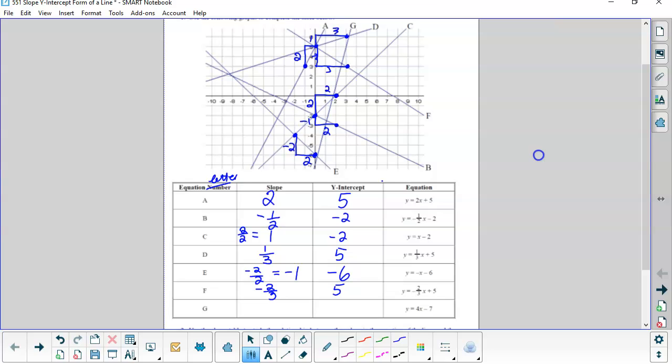So notice how we show that form. You could show, for example here, y equals negative 2x over 3 plus 5. It's just we tend to show that fraction, that slope, out front of x, right in front of it. It means the exact same thing. Okay.